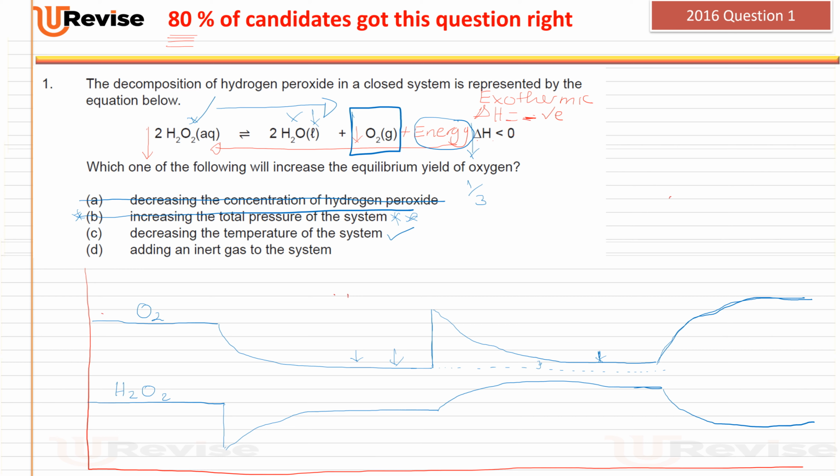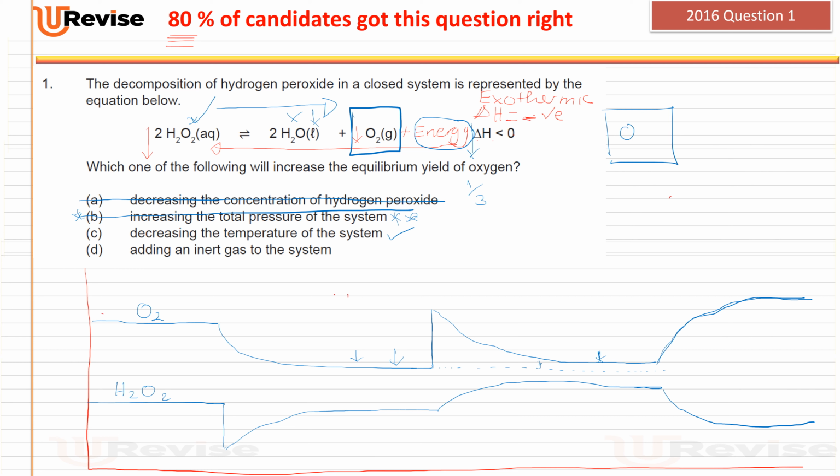Adding an inert gas to the system. If you add an inert gas to the system, yes, the overall pressure of the system is going to increase. But when the overall pressure of the system increases, it's not going to affect the partial pressure of oxygen. Oxygen will maintain its own partial pressure. Let's look at the system here.